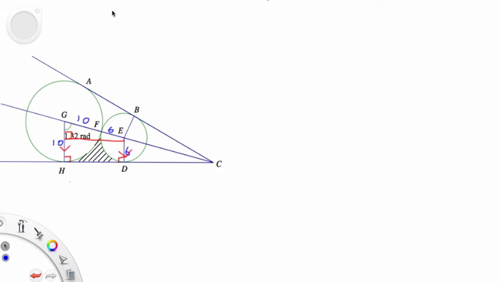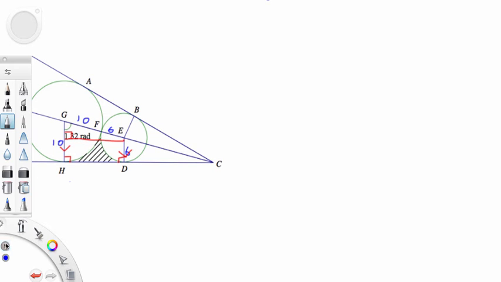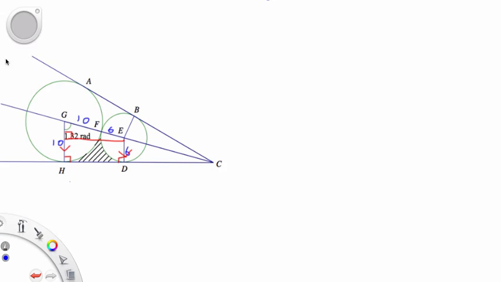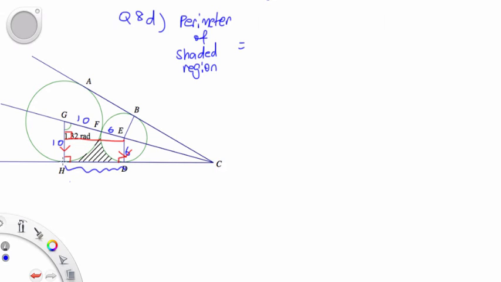Last part of question 8. Same thing, perimeter of the shaded region. For the perimeter of the shaded region, we are actually calculating this curve length, as well as this curve length.